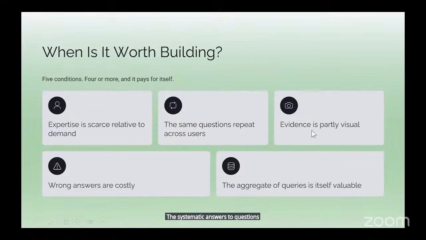The evidence is partially visual. Wrong answers are costly, so an expert is needed. And the aggregate of queries is valuable. I think this is one of the reasons for the advisory system as it functions: gathering data.